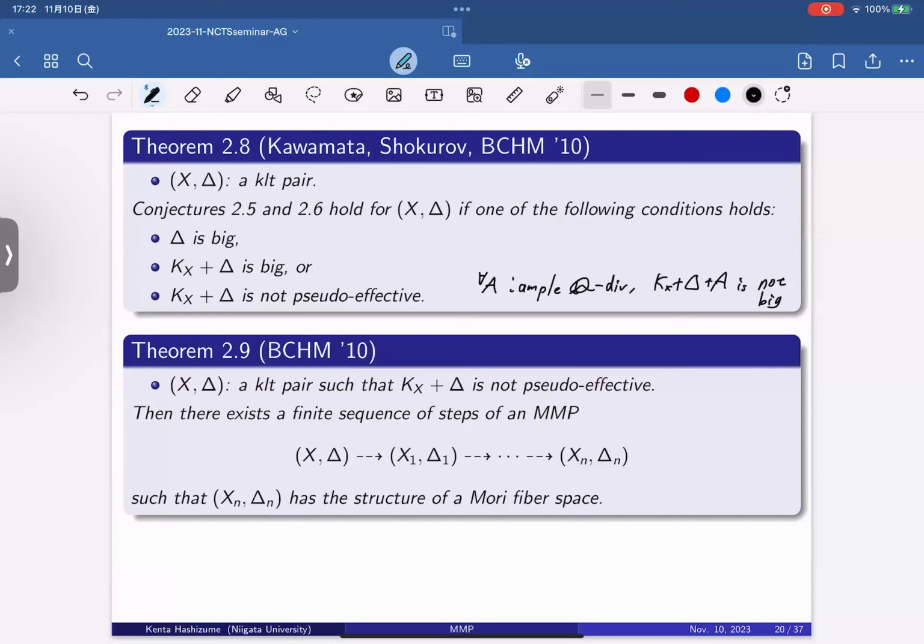As an important corollary, if a KLT pair satisfies the condition that the log canonical divisor is not pseudo-effective, then we can construct a finite sequence of MMP such that the resulting pair has the structure of a Mori fiber space.